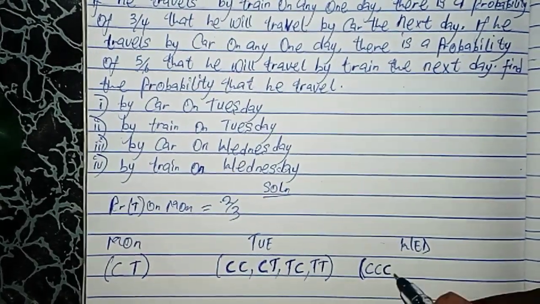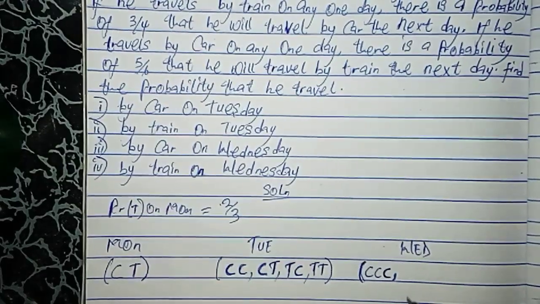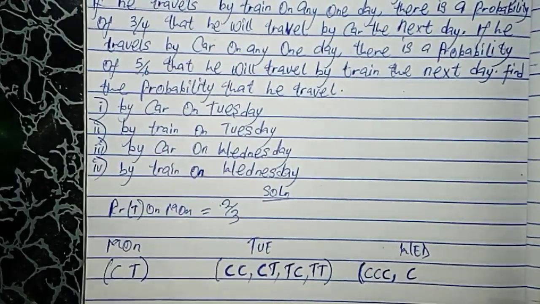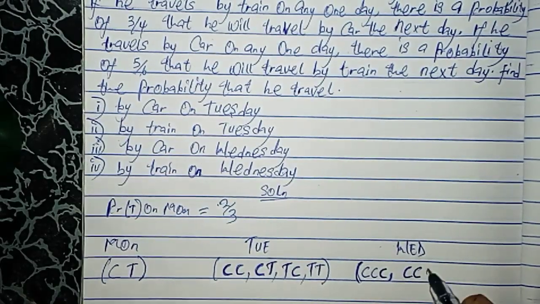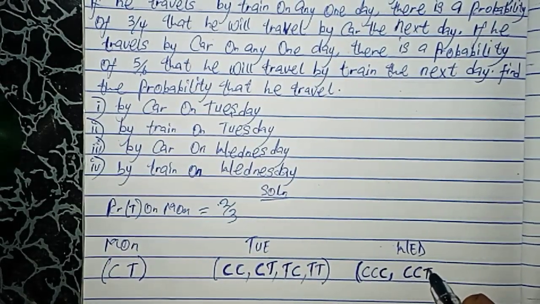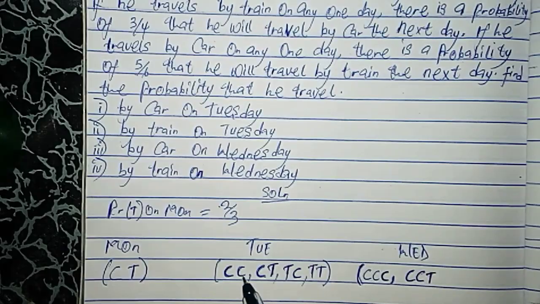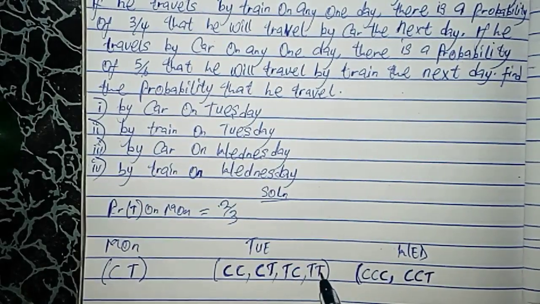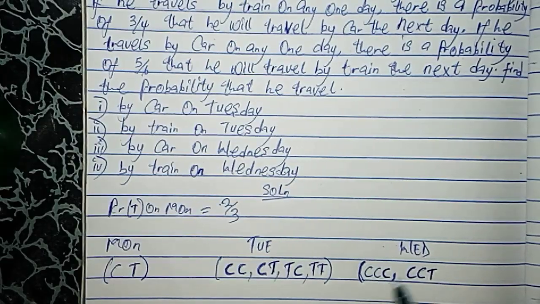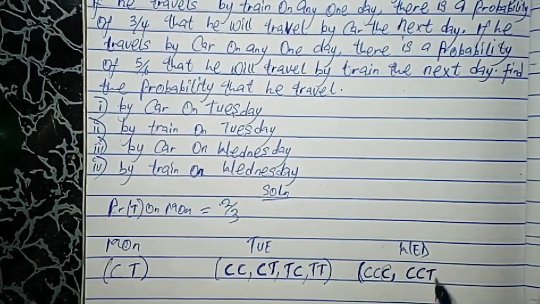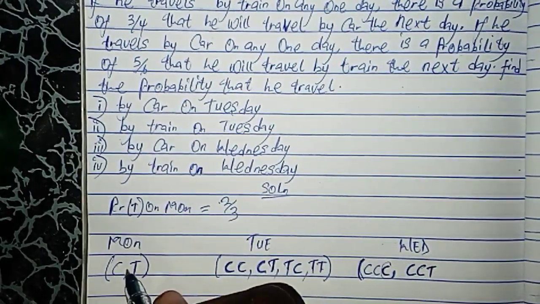If he travels by car on Monday and also by car on Tuesday, he can travel by train on Wednesday. This is for Wednesday. This is for Tuesday, and this is for Monday. And this last one is for Wednesday.